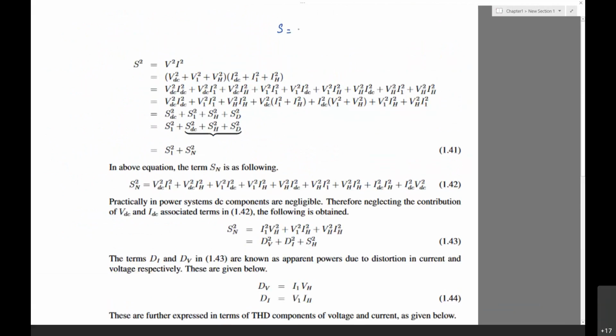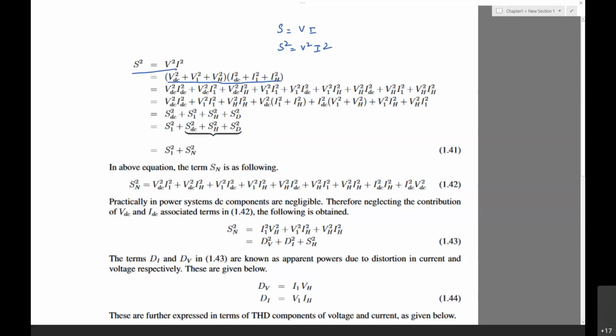S is equal to VI. We can write it as S square equals V square times I square. And in this equation, we know the voltages as well as the currents.